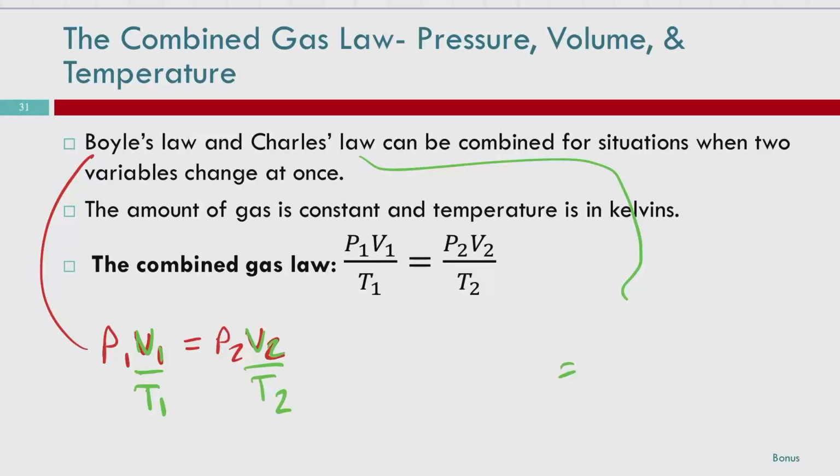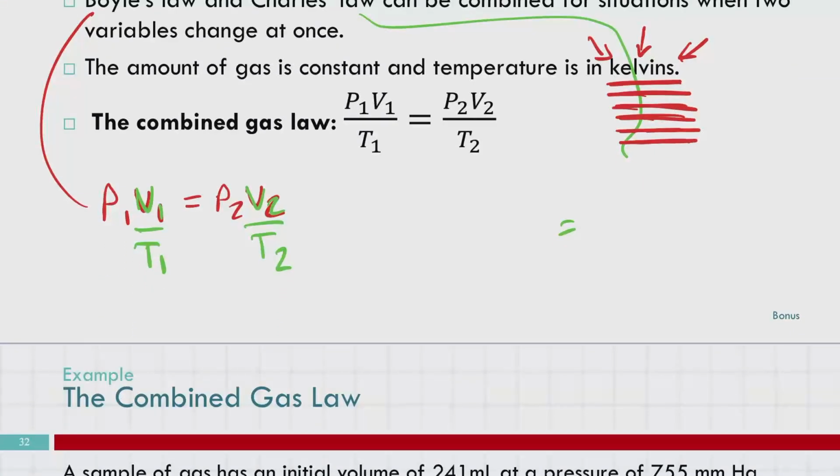And that worked out surprisingly well. So it's P1 V1 over T1 on one side, and then the same thing but with two subscripts on the other side. And just like with our other gas laws, the temperature is in what units? Kelvin. That's right. So we want to make sure that our temperature is in kelvins. And this is our combined gas law.